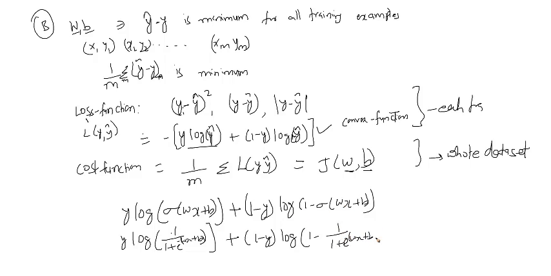Our goal is to minimize this across all training examples, and here are our w and b. To derive this w and b, we need to know what is known as gradient descent.